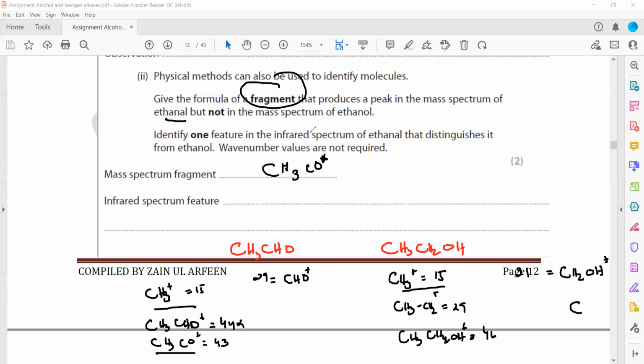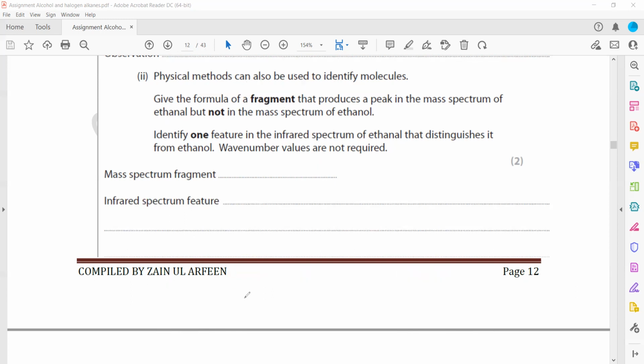And you should not forget to write the charge, because they're asking for a fragment. In a mass spectrum, only ions can be detected. So whenever you're writing a fragment, you should write a plus charge as we remove the electron out from it. Then the second part is in terms of IR. So when you are explaining the idea of IR, better draw the structure, show the bonds, so you can distinguish the type of bonds which are present in one molecule and absent in the other.